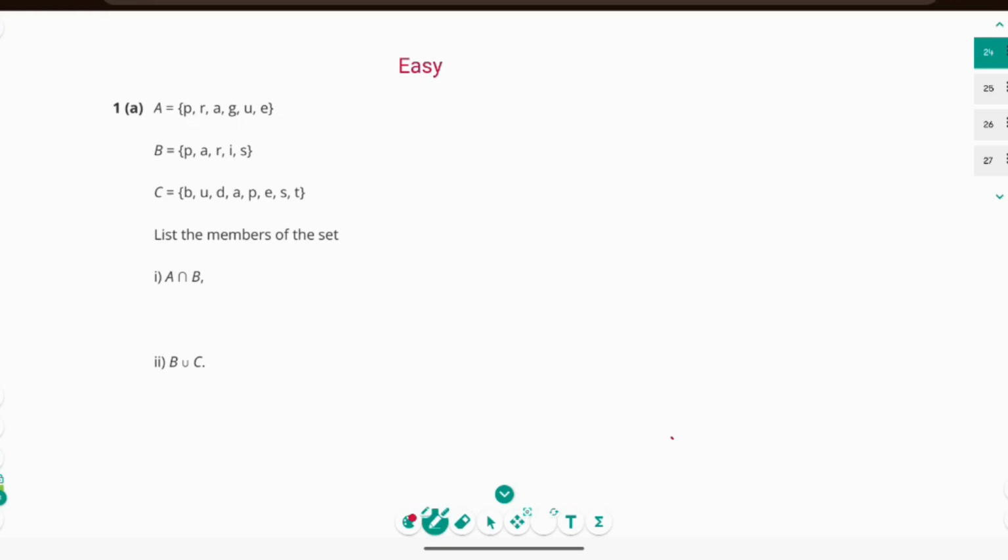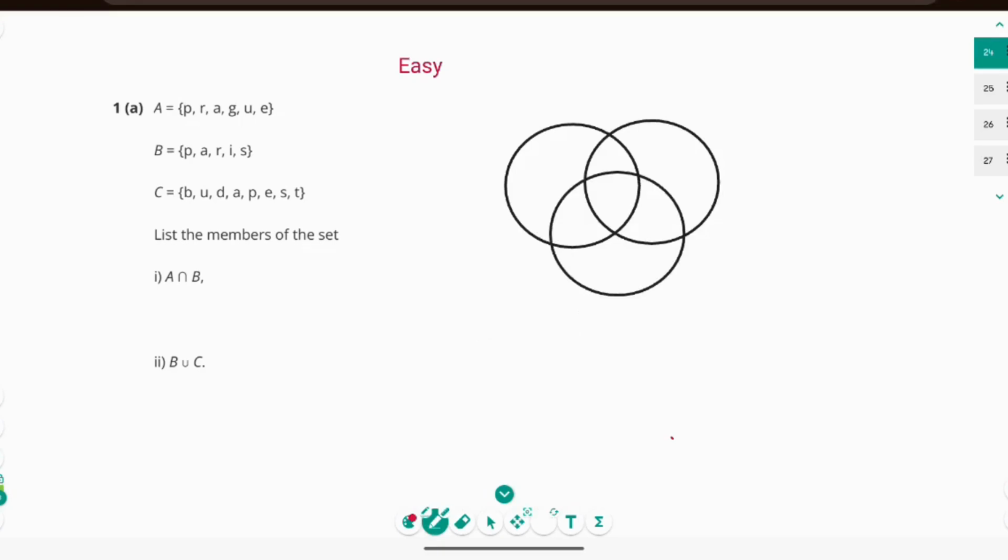Got the information for Prague, Paris, Budapest, the members for each set. I'm going to put these into a Venn diagram first. So here we have A, Prague, B, Paris, C, Budapest.